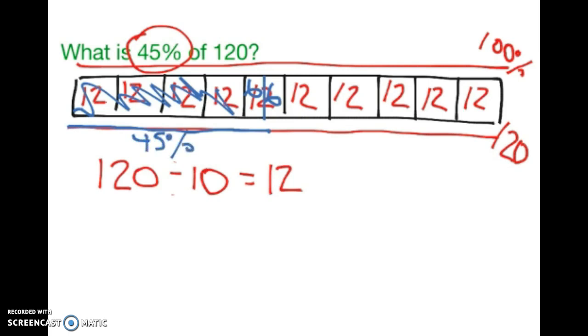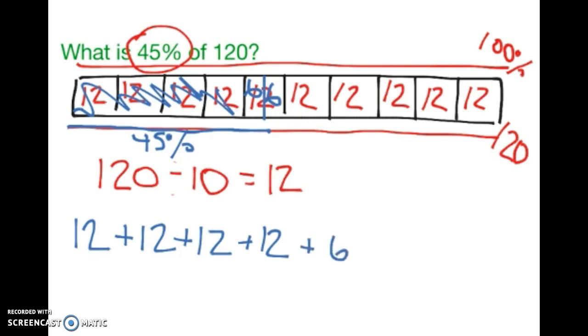Now to get our answer, we need to add up the sections. So we would need to add 12 plus 12 plus 12 plus 12, and then we also need to add the 6 for the 5%. So if we add all these together, 12 plus 12 plus 12 plus 12 plus 6, we get 54.